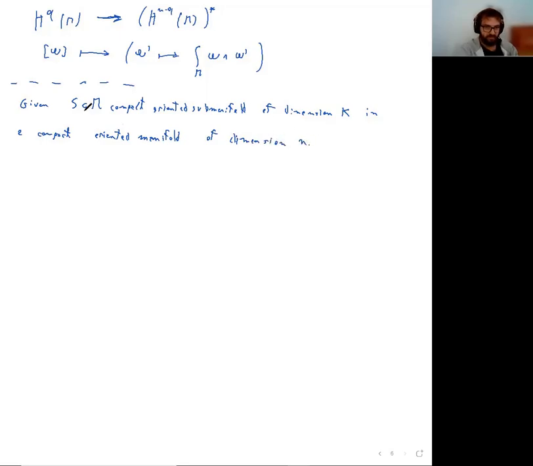So what I'm saying here is that S is compact oriented, and is of dimension k, and it's a submanifold of M, which is itself compact oriented of dimension n.